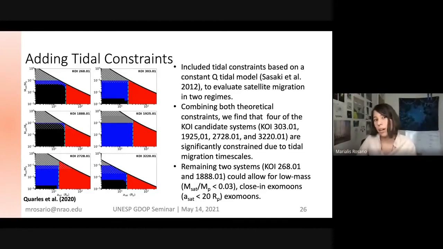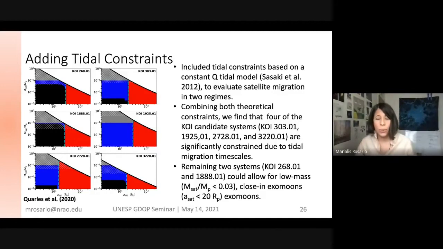Those regimes are tidally moving inward, such that these moons reach the Roche limit and are disintegrated, or tidally moving outward outside of the Hill radius, in the sense where these are ejected from the system. So Dr. Quarles wanted to evaluate that in a more thorough way than we did in the previous paper.